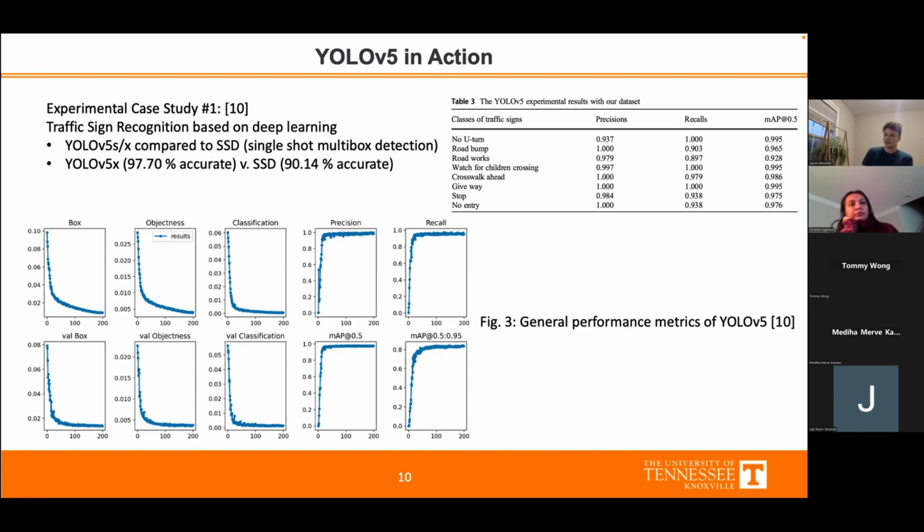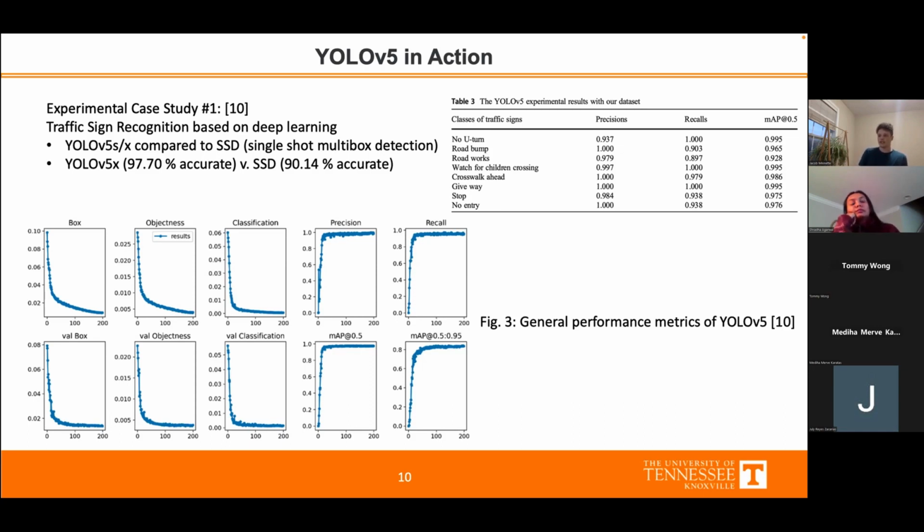So this first is done by a group working on traffic sign recognition, for autonomous driving applications. What it's doing is a car is driving down the road with a camera, and the camera is searching for any sort of road sign and trying to identify the information that road sign is trying to convey to the driver.